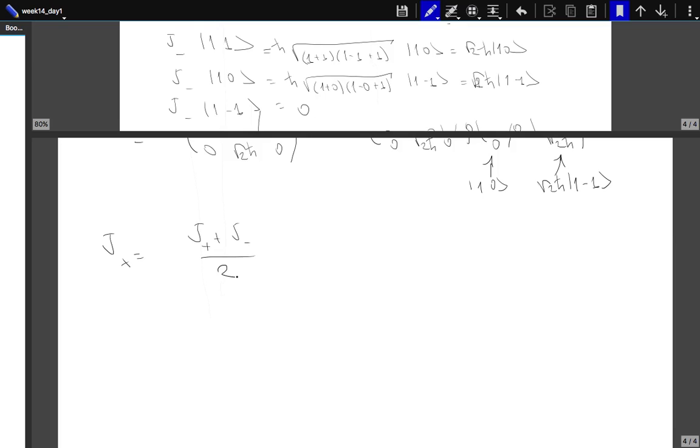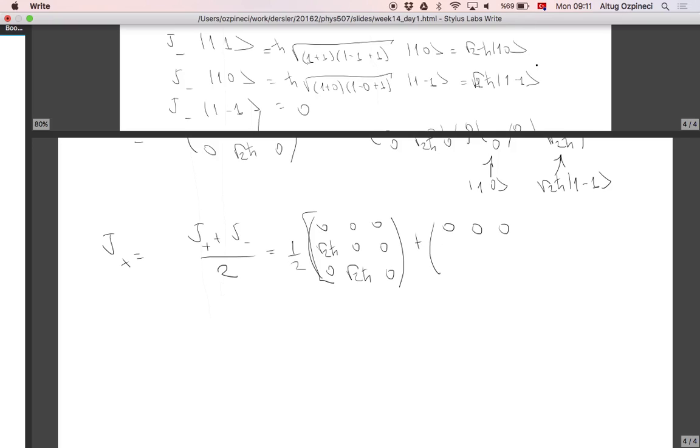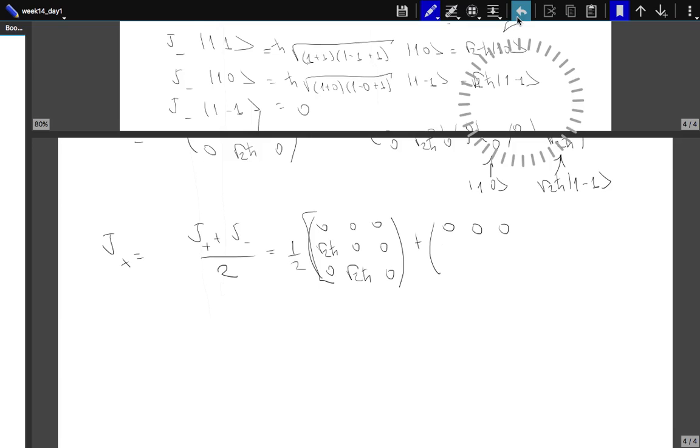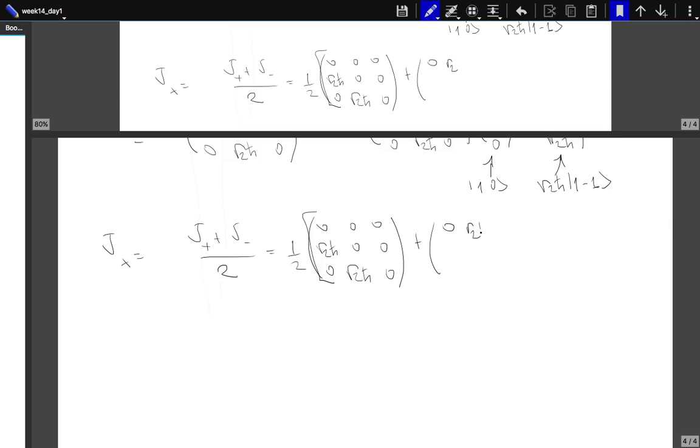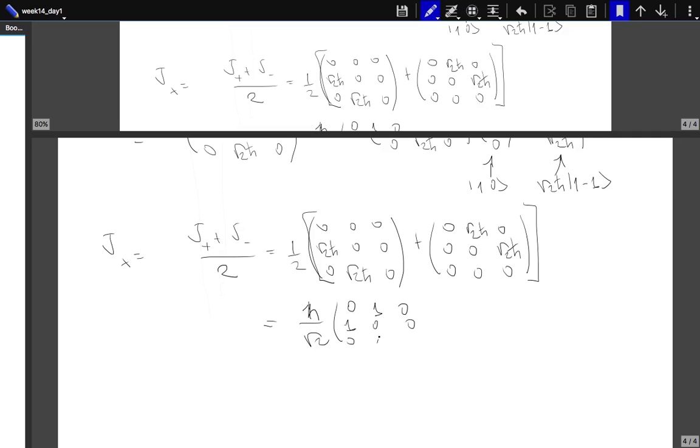This was equal to (J plus plus J minus) over 2, which is 1 over 2 times the matrix with √2 ħ entries, plus its transpose. This gives ħ over √2 times the matrix (0,1,0; 1,0,1; 0,1,0).